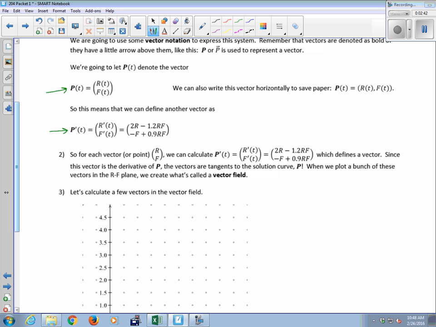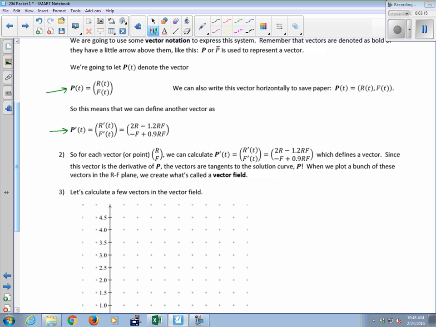So for each vector or point, R comma F in the RF plane, which we call the phase plane, we can calculate P prime. We can calculate a derivative that defines a vector. Since the vector is the derivative of P, the solution, derivatives are just tangents to solution curves, right? So the vectors that we get by calculating R prime, F prime are tangents to the solution curve P. And when we plot a bunch of these vectors in the RF plane, we create what's called a vector field.